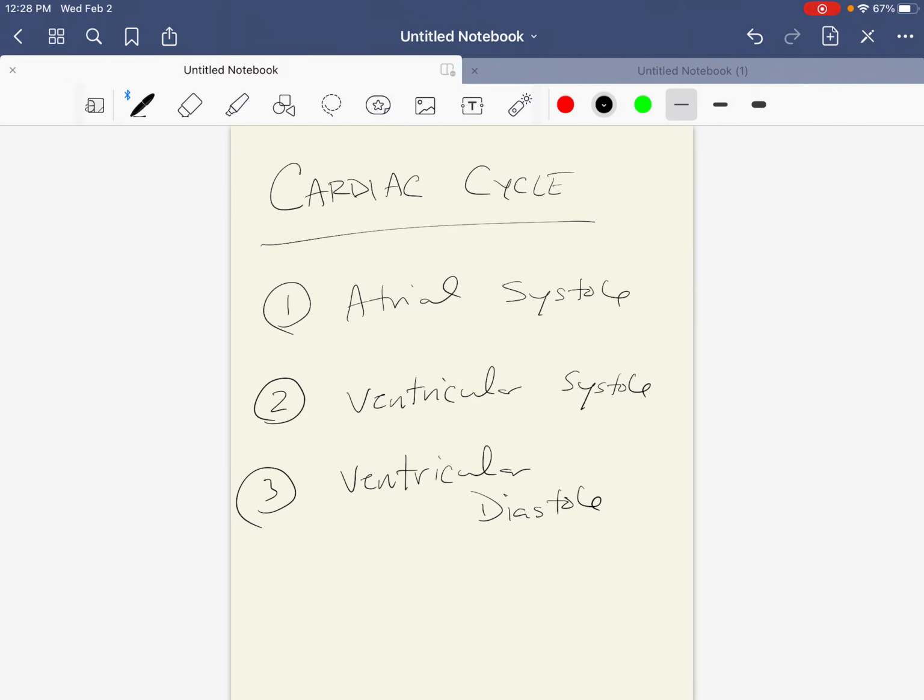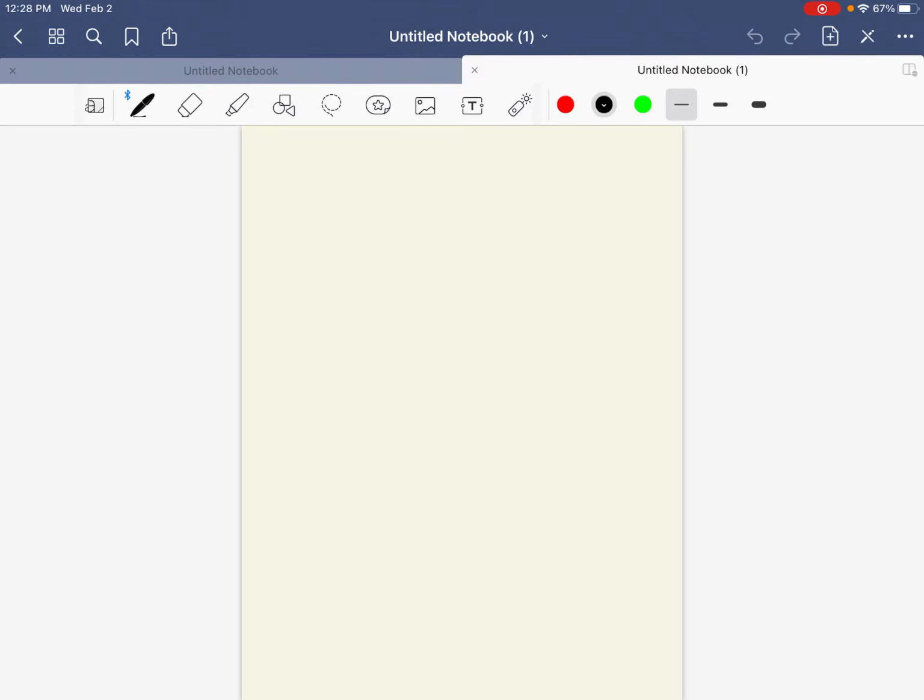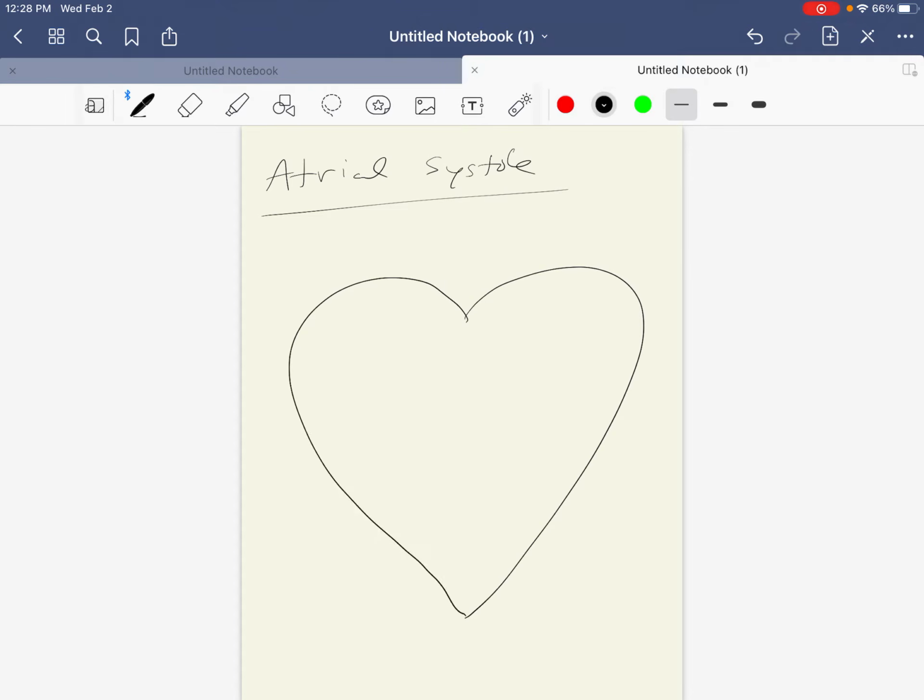So I'm going to start with atrial systole, and just like I did in class, I'm just going to draw a really basic heart that will demonstrate what's going on, and we'll split it into 4 chambers.